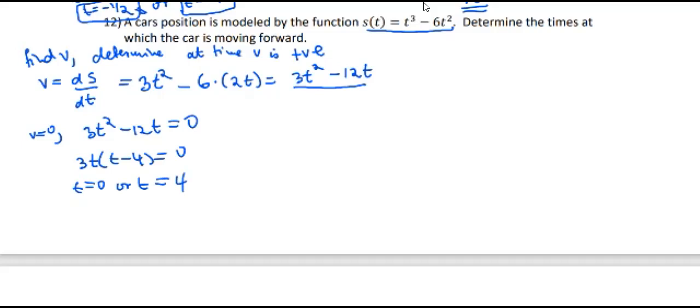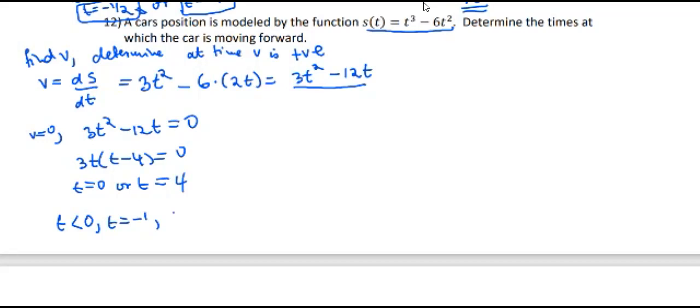we're not interested in times that are less than 0, but yeah, we could test it out. So let's test this function when t is less than 0, such as t equals -1.